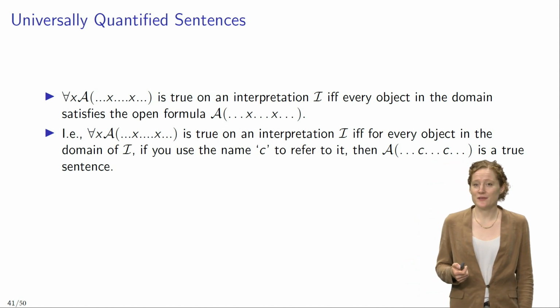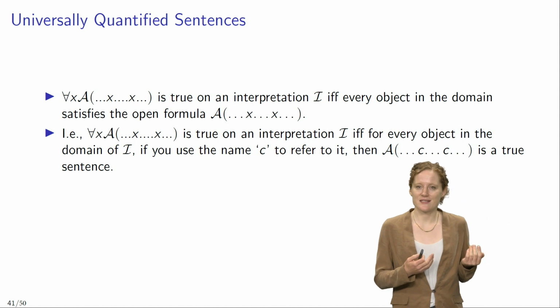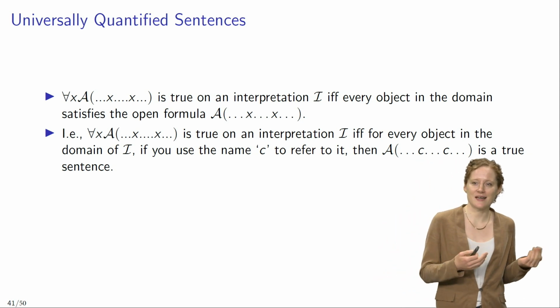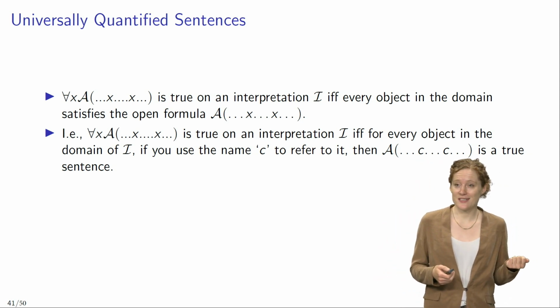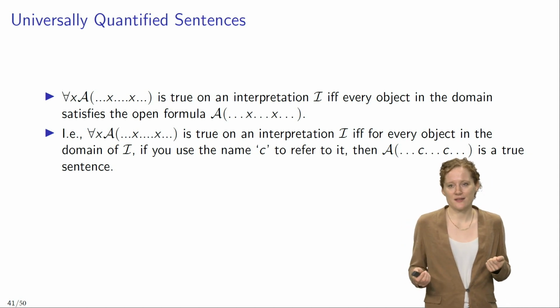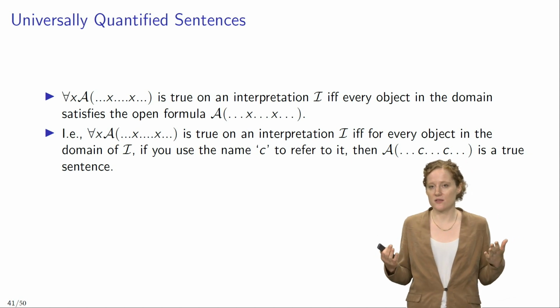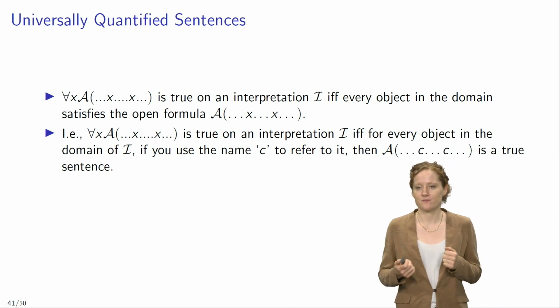Now what about universally quantified sentences? The universally quantified sentence for all x Ax is true on an interpretation I, if and only if every object in the domain satisfies the open formula Ax that appears in the scope of the quantifier.